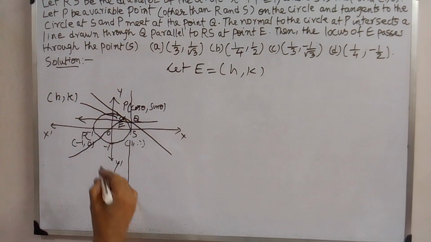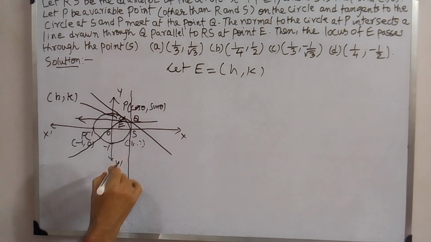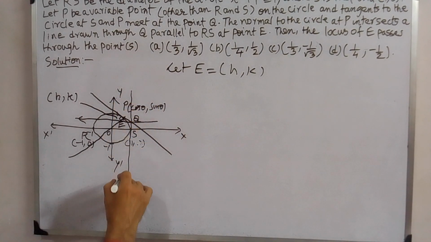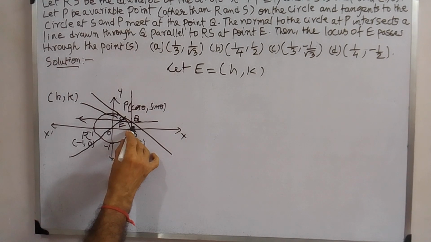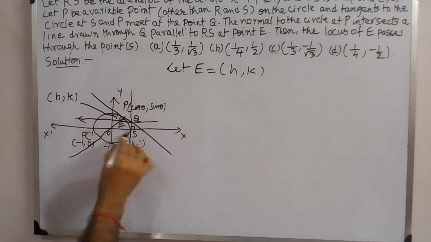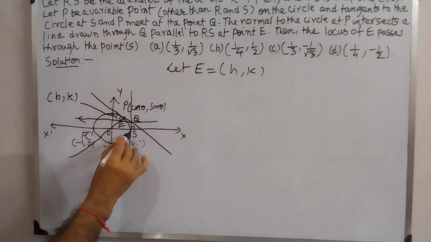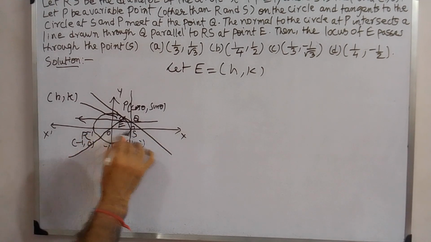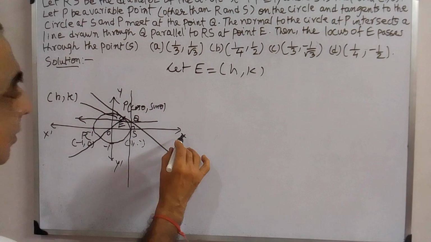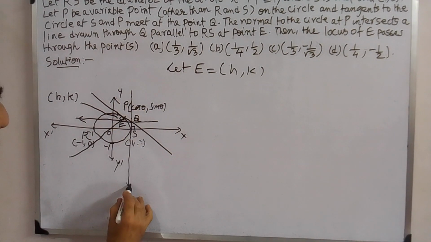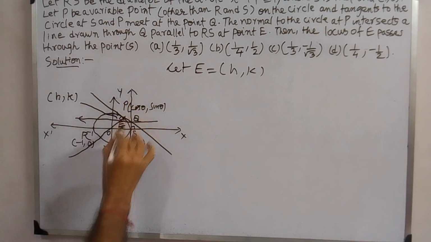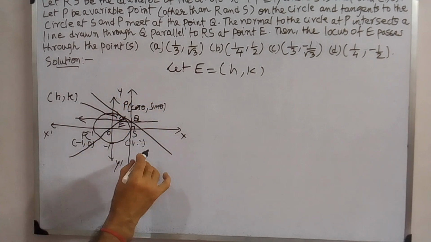Now see how we will find it. Here, this is a tangent at the point S, and a tangent we know is perpendicular to the diameter, so it will be perpendicular to the x-axis.